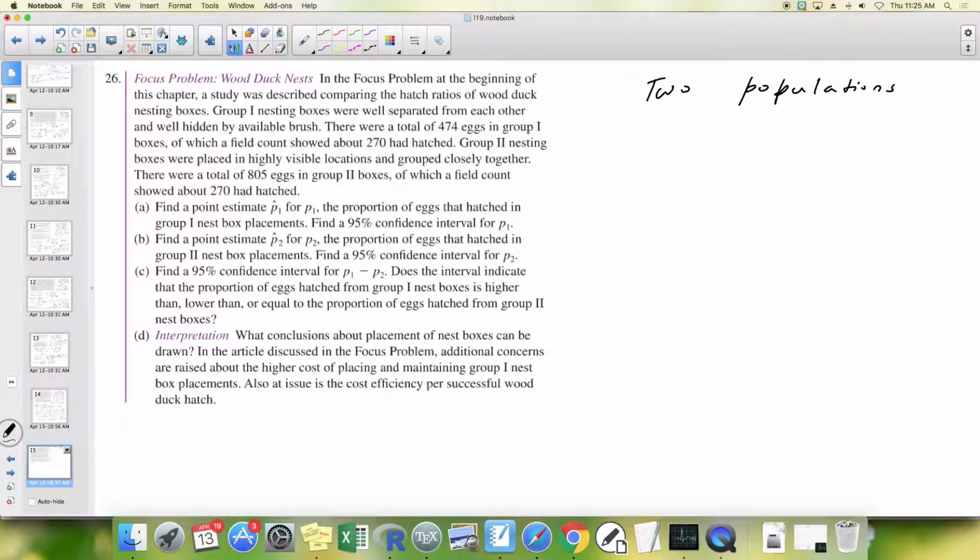One group, nesting boxes were well hidden, and in group 2, they were highly visible.